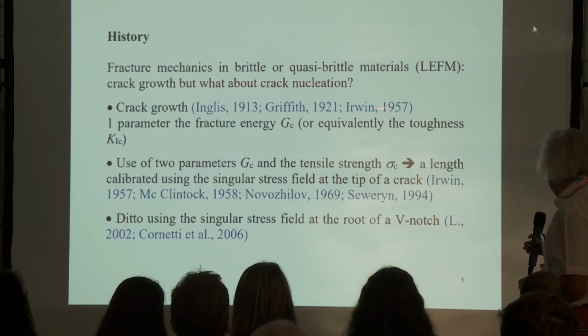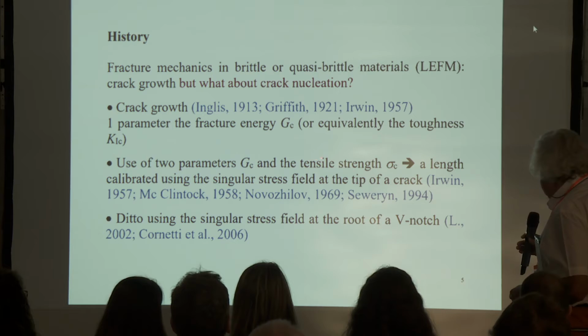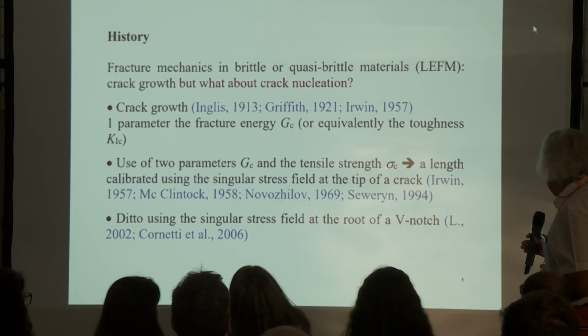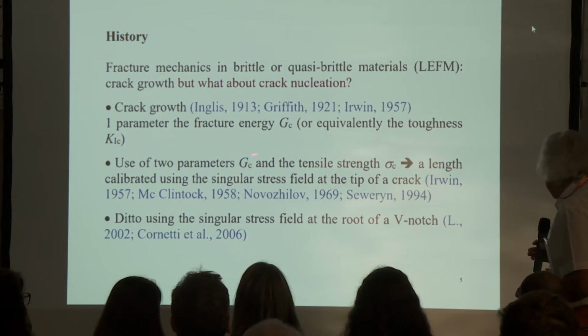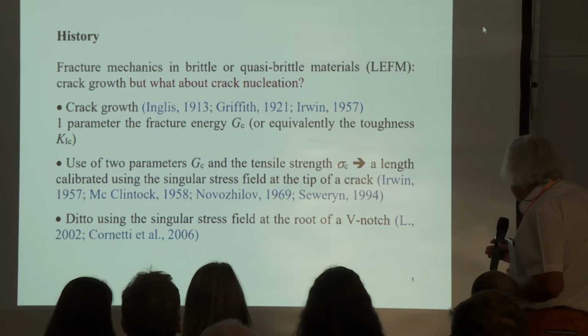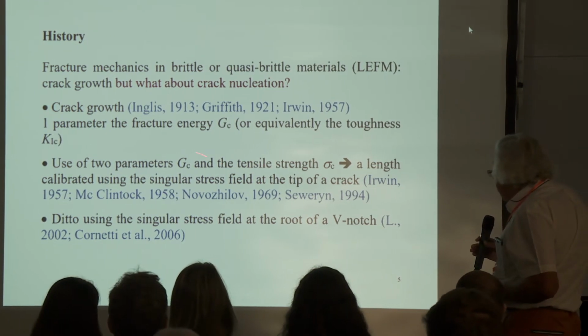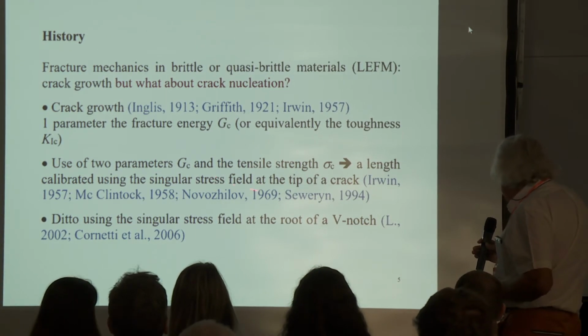At the same time, in the 50s, another idea appears: that we could use two parameters, because in experiments very often failure is characterized by a critical tensile stress called the tensile strength, sigma c. Using these two parameters allows one to calibrate a length.